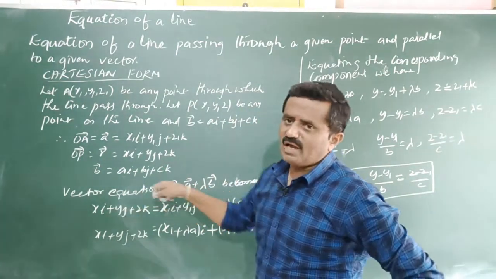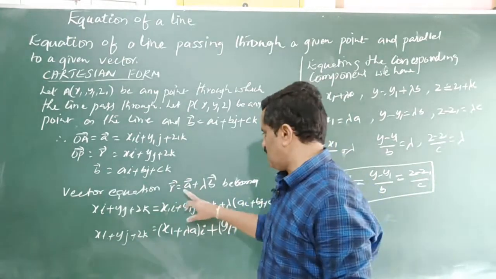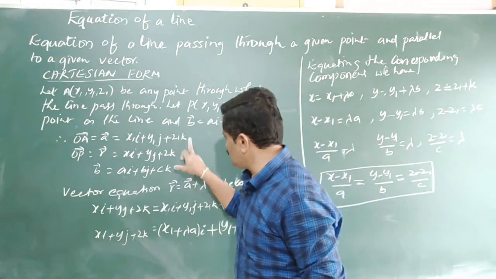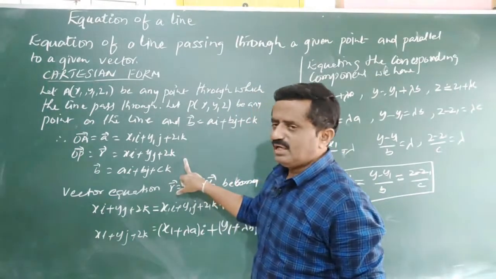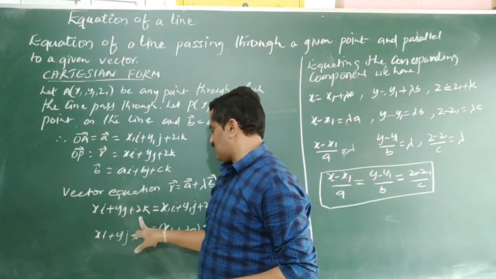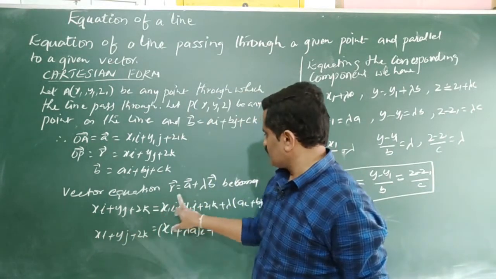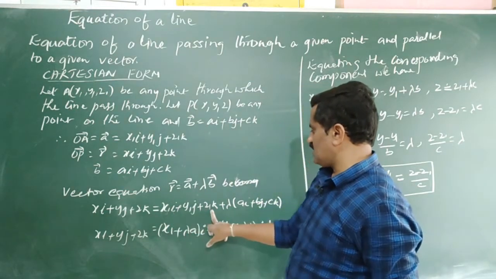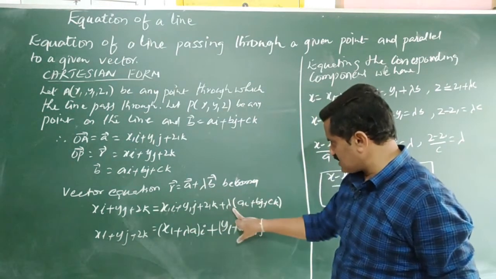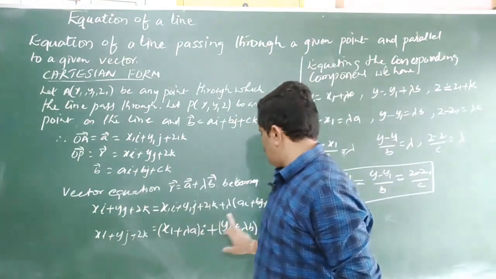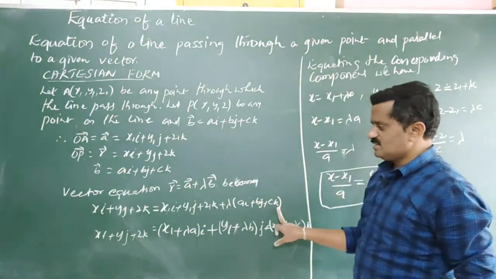Now we have the vector equation, that is r bar is equal to a bar plus lambda into b bar. Substituting these values in the vector equation, we have xi plus yj plus zk is equal to a bar, that is x1i plus y1j plus z1k, plus lambda times the vector b bar, that is ai plus bj plus ck.